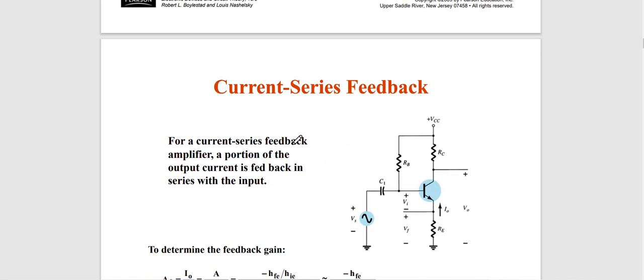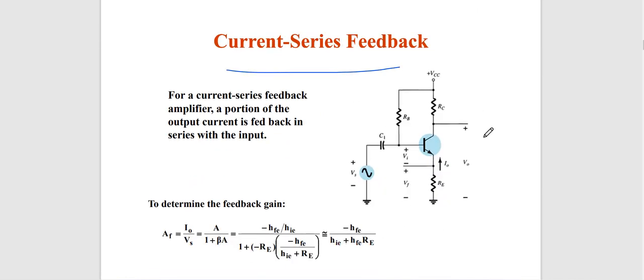And then the third is the current series feedback. If you remember, the two connection types before were about voltage, and this one is current. The portion of the output current is fed back in series with the input. This is the input signal, and it will be amplified using the BJT.